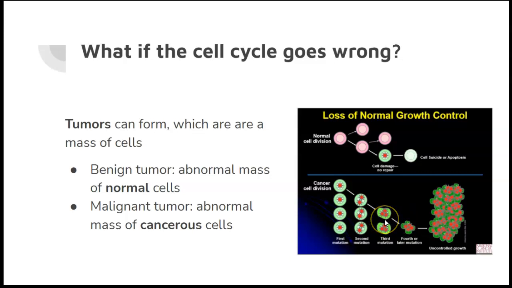There are benign tumors, which are an abnormal mass, but it's just normal cells. So even though it's not great, it's the better of the two. And then the alternative is malignant tumors, and that is an abnormal mass of cancerous cells, and that is when we're really focusing on, okay, the cell cycle went wrong and it has led to cancer.